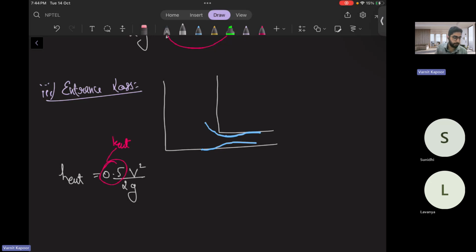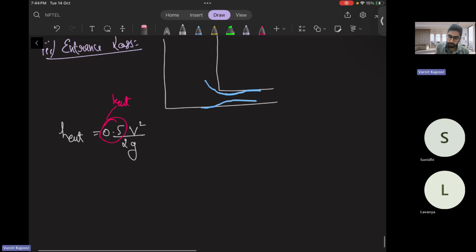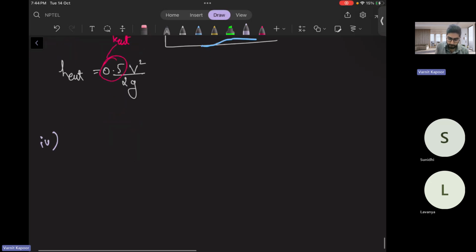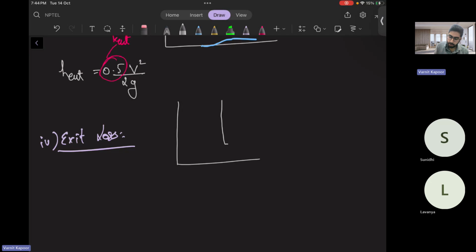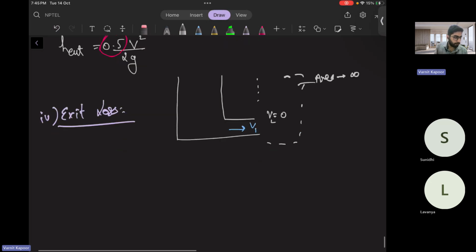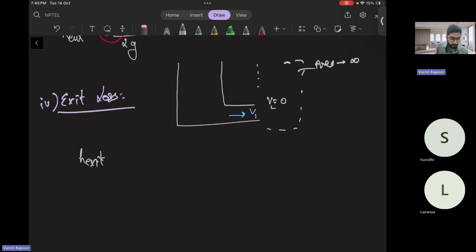Next is your exit loss. The scenario is like this. Now it is exiting into some ambient, so here V2 will be 0 as the area is infinity. Velocity V1 is there, but V2 is 0. So h exit will be V square by 2g.